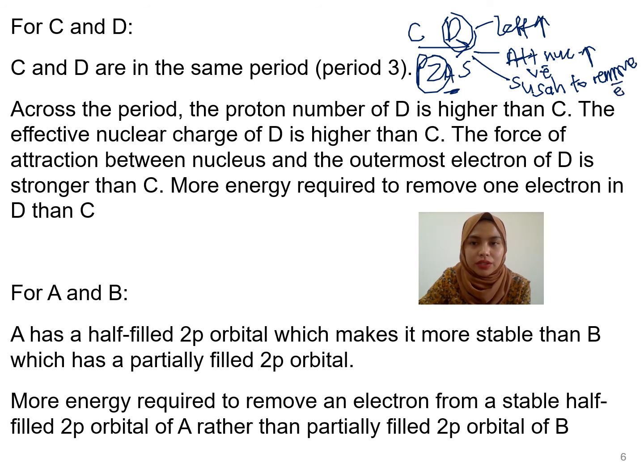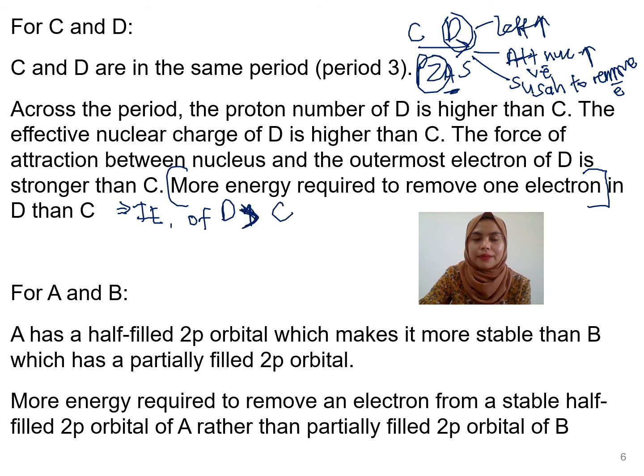So bila susah nak remove electron, you perlukan banyak energy tak to remove the electron? Yes, you will need more energy to remove one electron in D compared to C. Okay. So bila you need more energy to remove one electron, makanya ionization energy yang pertama of D will be more than C.